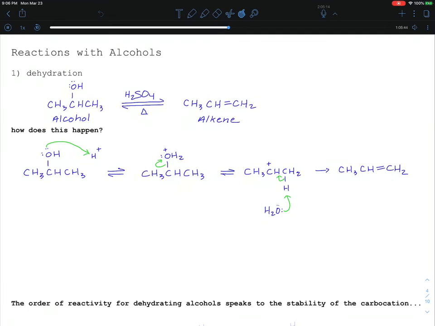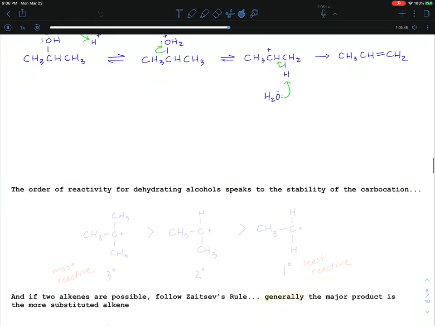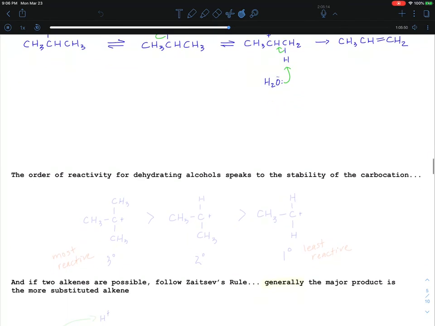Just like we talked about in the last chapter, the order of reactivity for dehydrating alcohols is going to speak to the stability of the carbocation, right? And we know that these carbocations are stabilized through hyperconjugation with those p electrons that only a good substituent can give you, right? In other words, not a hydrogen.